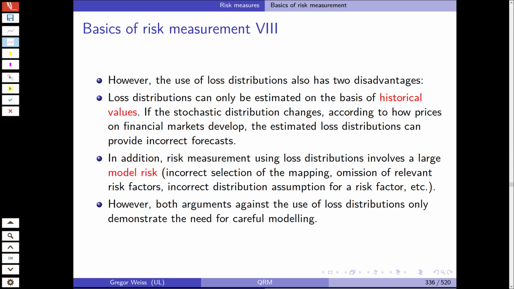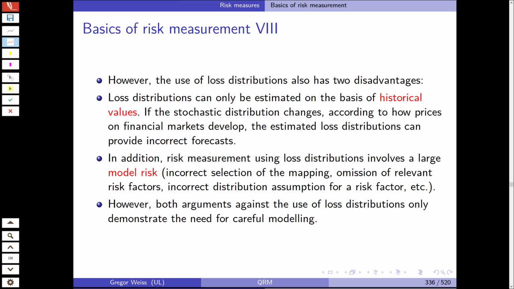It has two disadvantages, as I mentioned. You need historical data, and you have huge model risk, meaning that you can choose the wrong model, the wrong mapping, you can forget about some risk factors, you have incorrect assumptions on the risk factors, etc. However, both arguments only make a stronger argument for the use of loss distributions and for the need of careful modeling and looking out for a proper statistical model for those risk factors.